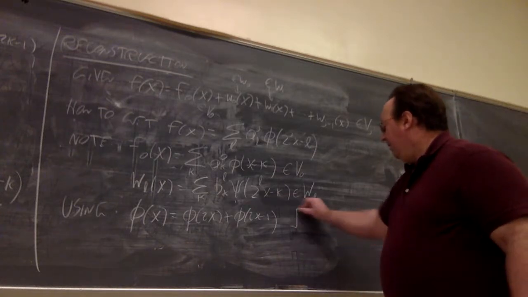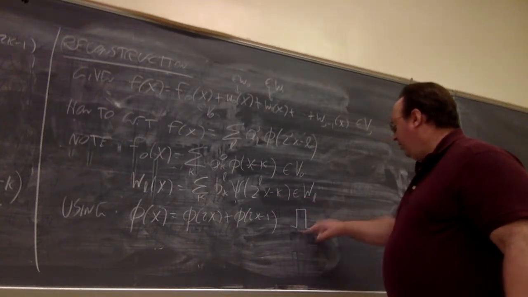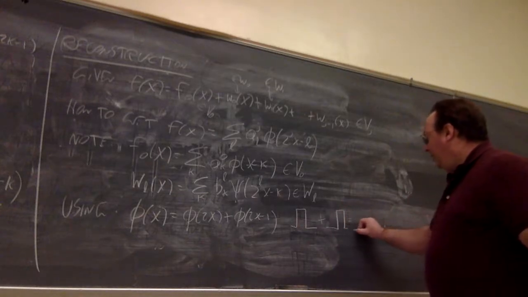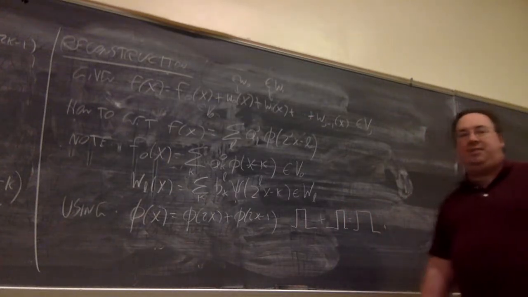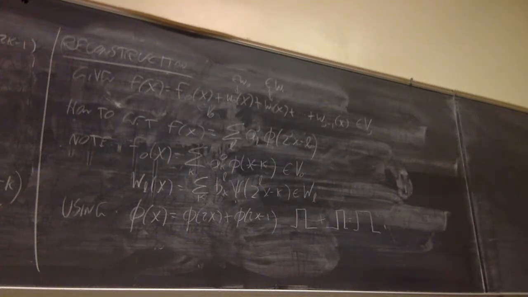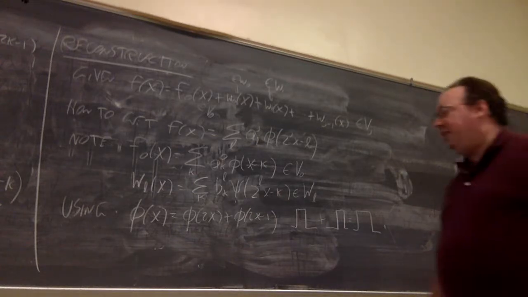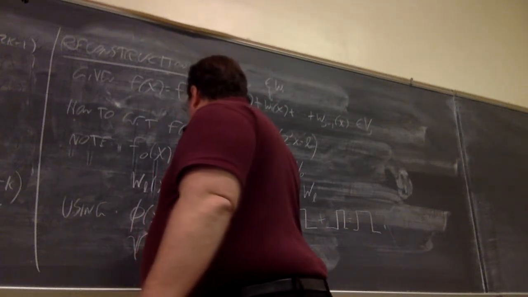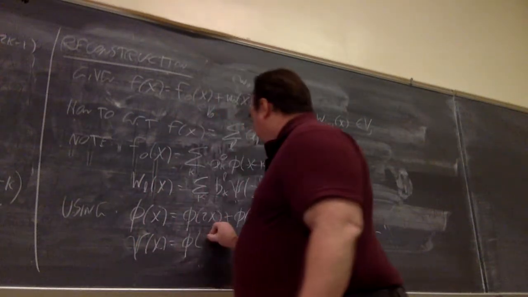Then I have something that's non-zero in the first half plus something that's non-zero only in the second half equals something that is non-zero on both halves. So that's literally the proof of this equation. And we have a similar one for the wavelet. So the wavelet at x is the difference of these functions.